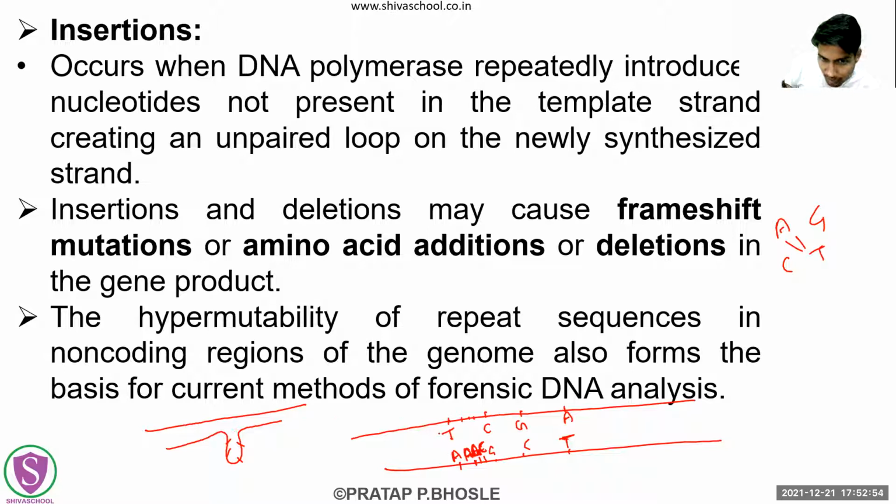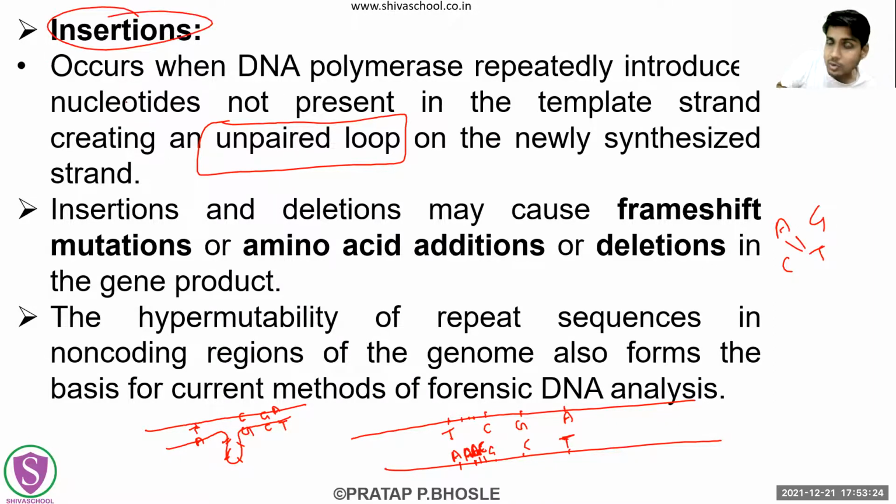The earlier bonding, T with adenine, cytosine with guanine, then again guanine with cytosine, adenine with thymine, will form only for these nucleotides. These are the nucleotides that have formed an unpaired loop. Here an unpaired loop has formed.